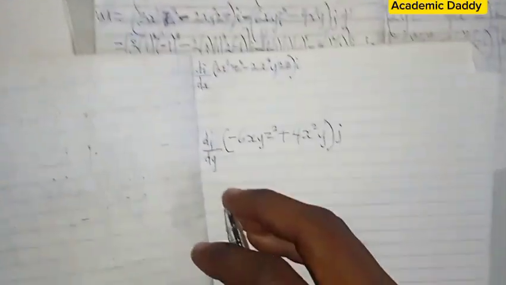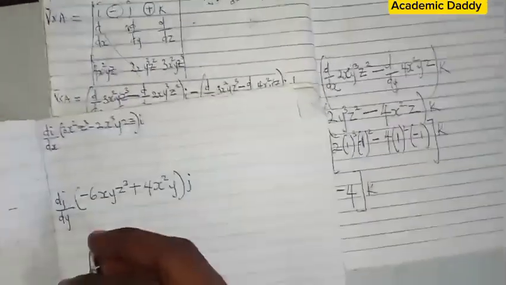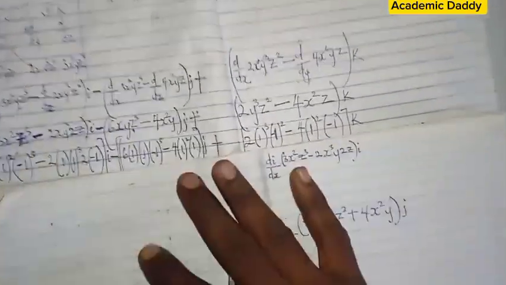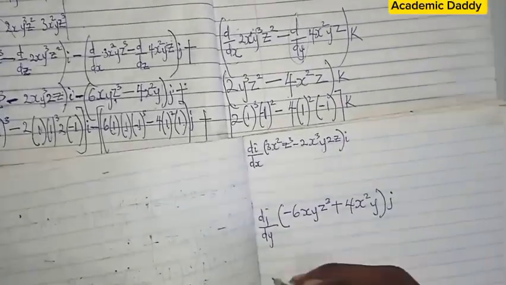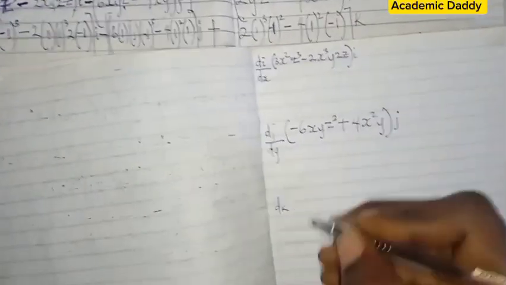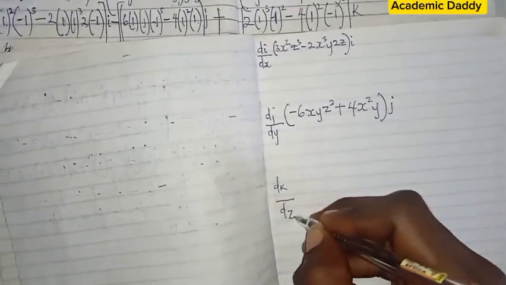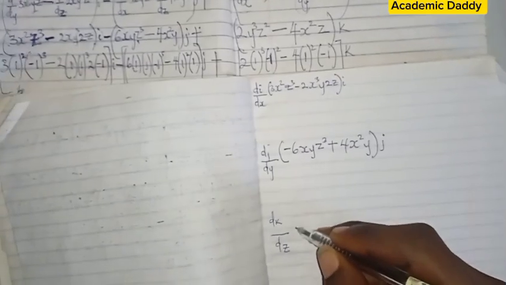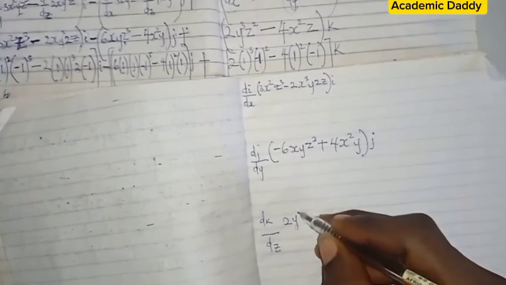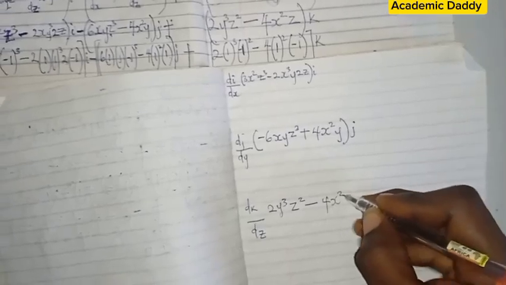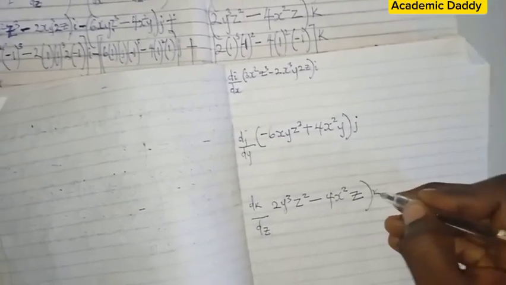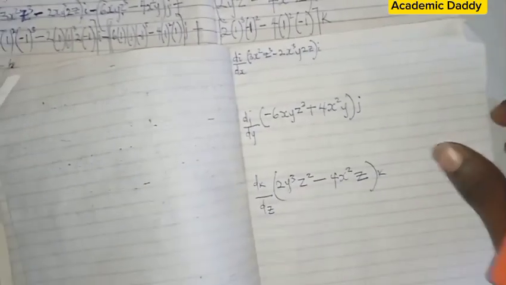Then for the k part, we now have ∂/∂z of 2y³z² minus 4x²z. Okay, so let's try to solve this and see what we have.